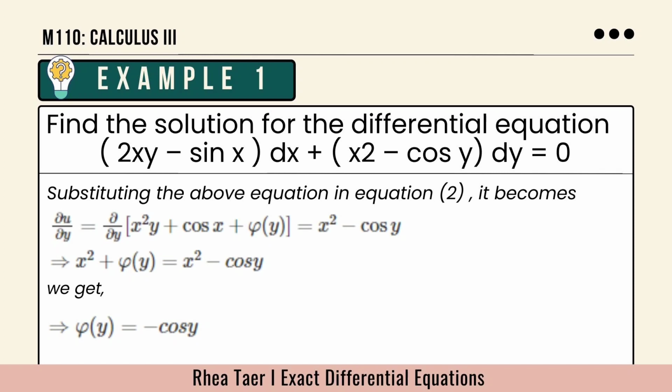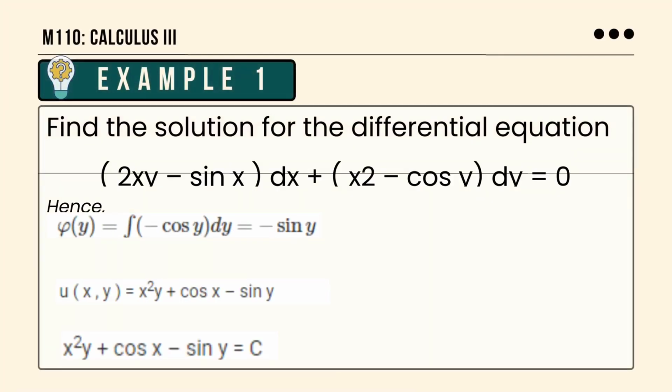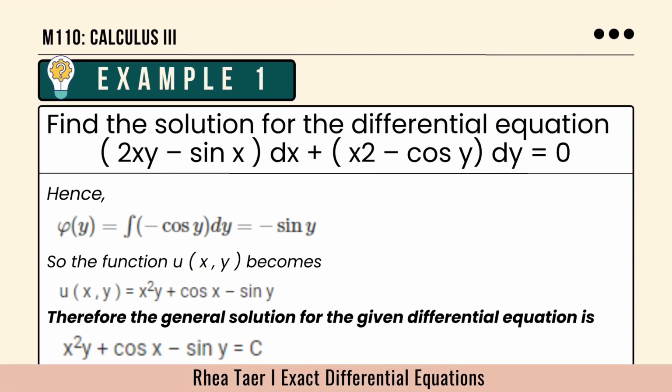It becomes x squared plus φ'(y) equals x squared minus cosine y, and we get φ'(y) equals negative cosine y. Hence, φ(y) equals the integral of negative cosine y dy, which equals negative sine y.